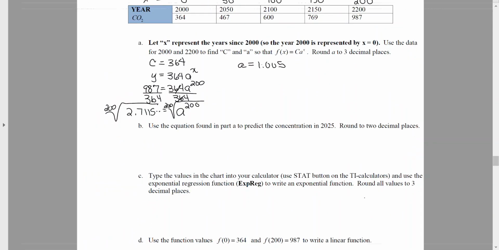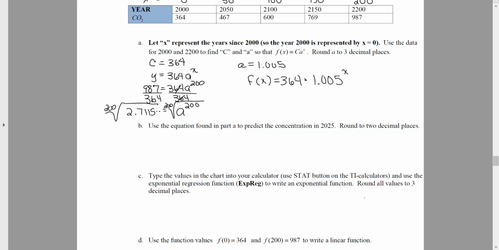We're all having all kinds of technical difficulties. So then I'm going to plug back in f of x equals my c value, 364, and then it's times 1.005 to the x.